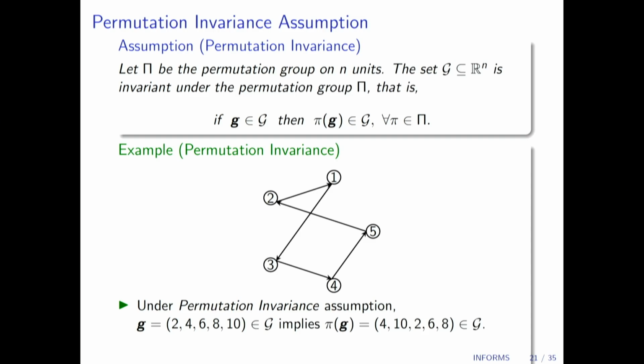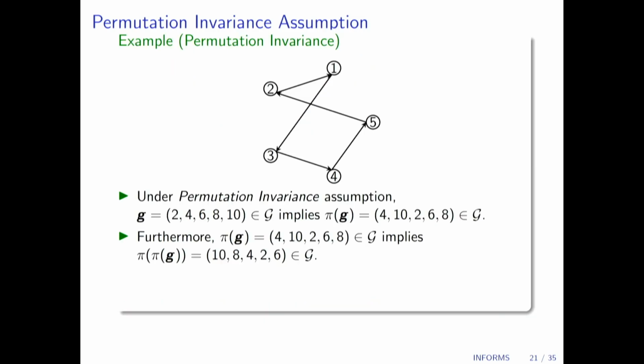If we further permute the second vector, we have pi of G, and this third vector is also an element of the G set. If we further permute to the fourth vector, the fifth vector, and finally permute the last vector, it will go back to the original vector. So the permutation invariance basically assumes that all of these vectors belong to the G set.